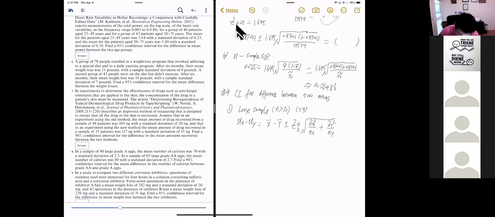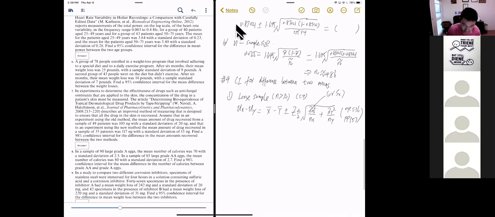That is equation 5.16 from our textbook on page 357. So this is for a large sample.